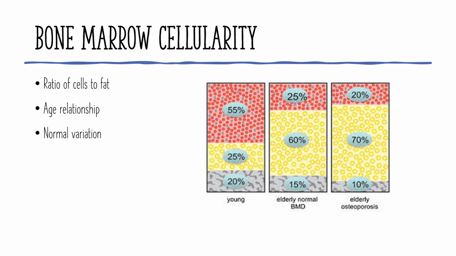Hypercellular marrow may indicate leukemia, myeloproliferative disorders, or reactive production. Hypocellular marrow may suggest aplastic anemia, treatment effects, or marrow failure. From the histotechnology side, processing quality directly affects cellularity assessment.